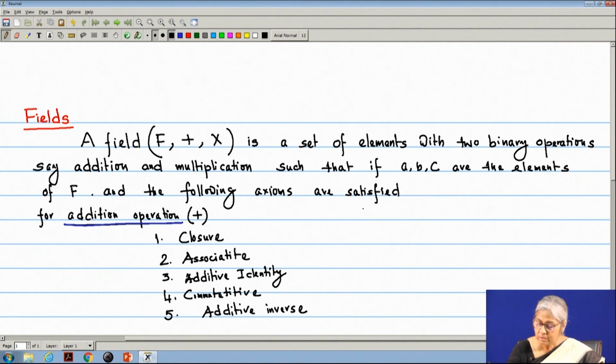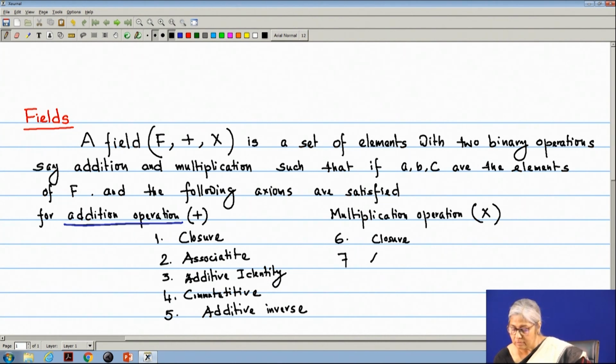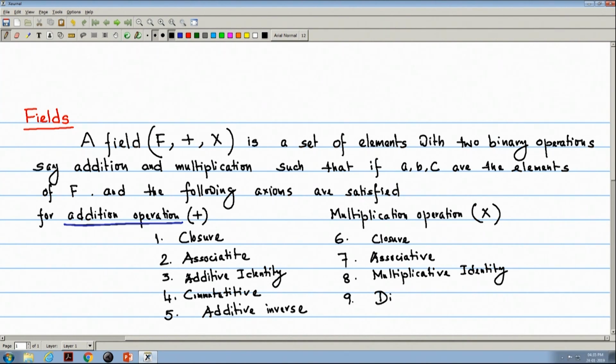Now similarly, because on a field there are two operations, if I consider the multiplication operation, then I should have closure, that means it should be closed under multiplication, then associative with respect to the multiplication operation, then multiplicative identity should be there, and the distributive property should be there.